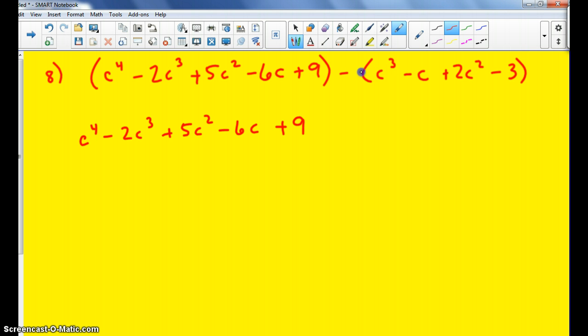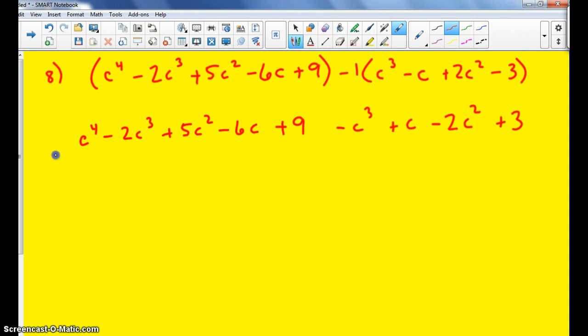That's fine. Some of you look at that and say, let's distribute a negative 1. That's fine. You're going to get the same answer. Negative 1 times c cubed is negative c cubed. What is a negative 1 times a negative c? Positive c, good. Negative 1 times 2c squared, negative 2c squared, and a negative 1 times a negative 3 is a positive 3.